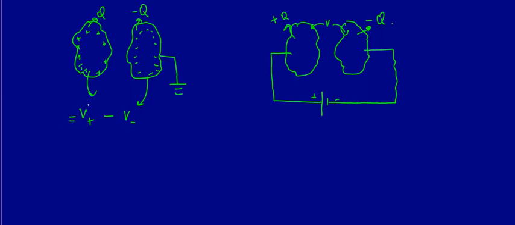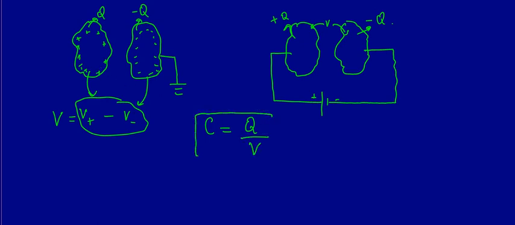But we continue to represent the entire potential difference with V. So capacitance is defined in this case as the charge given to one of the plates, we usually take the positive plate, divided by the potential difference between the two plates. This is how we define the capacitance now.